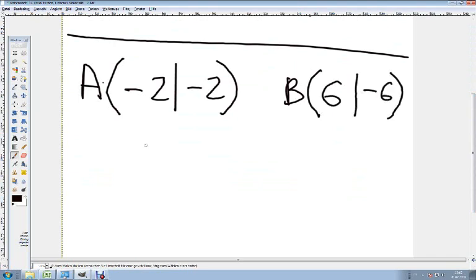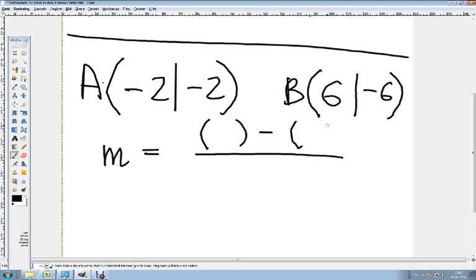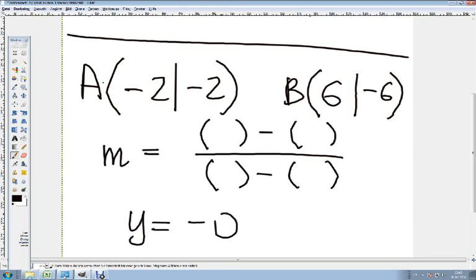If you calculate the gradient, my goodness, and if you have a negative number, please do it with brackets in your calculator. A very important thing: negative numbers always with brackets. Here my answer would be y equals minus 0.5x and then minus 3.